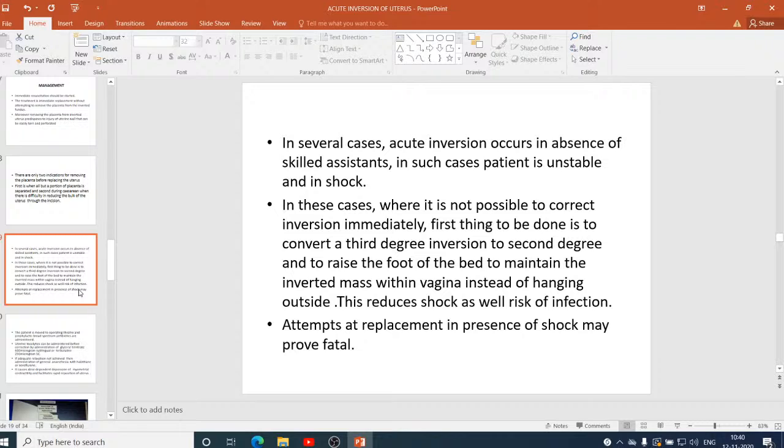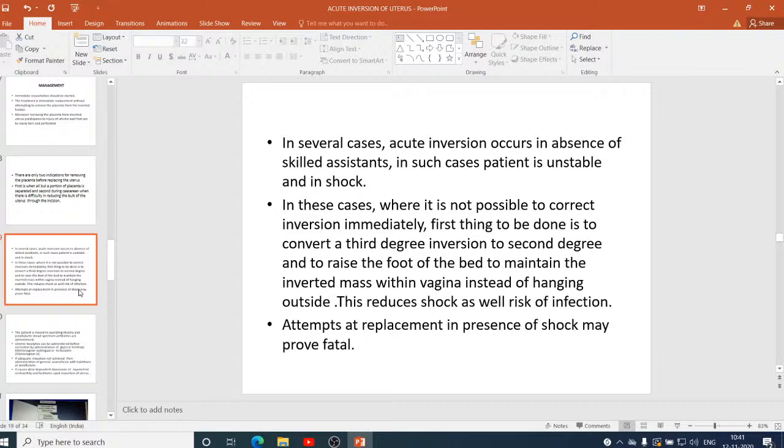So in cases where it's not possible to correct the uterine inversion immediately, the first thing you can do is convert a third degree inversion to a second degree uterine inversion by raising the foot end of the bed to maintain the inverted uterine mass within the vagina instead of it hanging outside. This reduces the shock as well as the risk of infections.